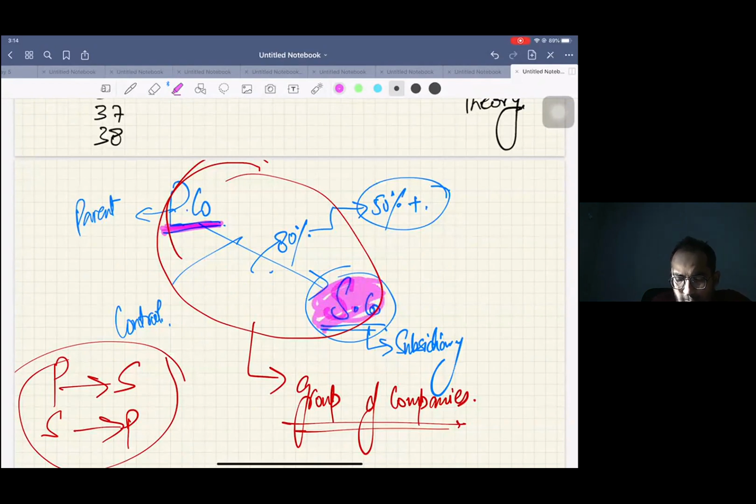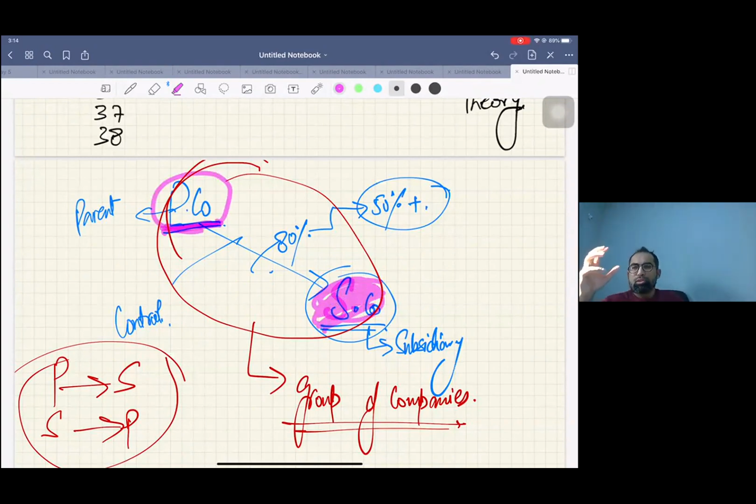Now parent company wants to buy running business of S company. When one company wants to buy running business of another company, they normally do it through ordinary shares.